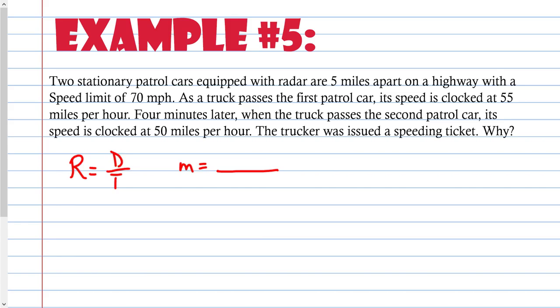He traveled 5 miles from patrol car 1 to patrol car 2, so from 0 to 5 miles. The first time around, it was 55, and then the second time around, it was 50.